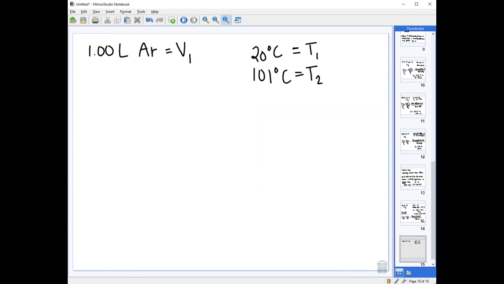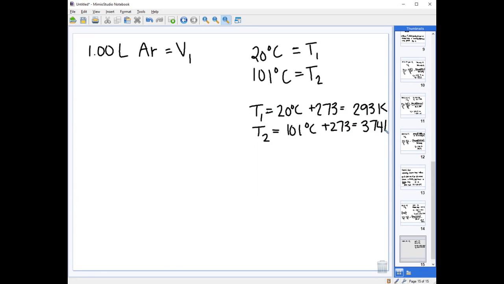Okay, so the first thing I have to do is convert my temperatures. So my T1, I'm going to say 20 plus 273, and I get 293 Kelvin. And for T2, I'm going to say 101 plus 273, and I get 374 Kelvin.